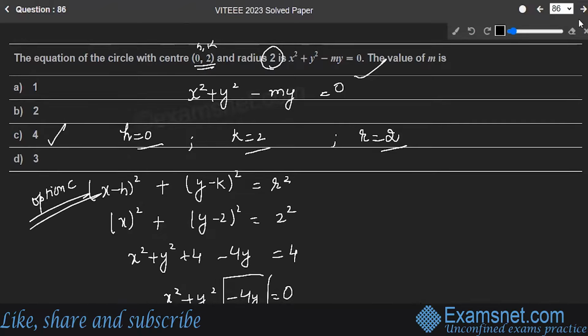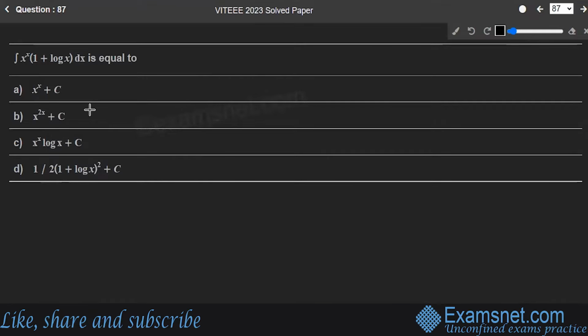Hope you got that. Next is the 87th question, an integral problem. Integral of x raised to power x into (1 plus log x) dx is equal to. So you have to find the integral of x raised to power x, (1 plus log x) dx. I'll put x raised to power x is equal to t.